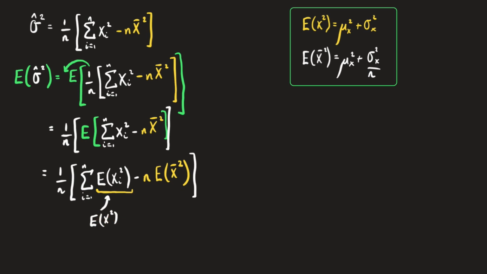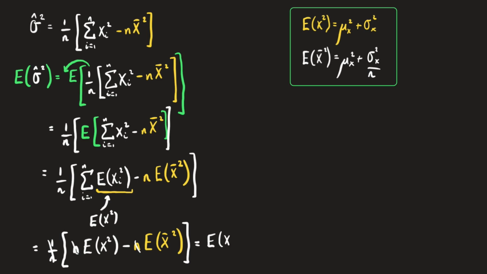So we can rewrite this as being equal to 1 over n times by n lots of the expectation of x squared minus n lots of the expectation of x bar squared, and we have n multiplying here, and we're dividing the whole expression by n, so the n's are going to cancel out, giving us that our estimator is equal to the expectation of x squared minus the expectation of x bar squared.